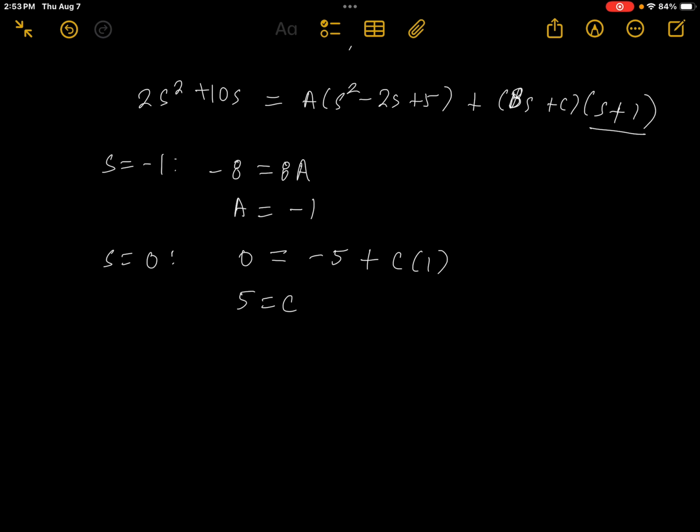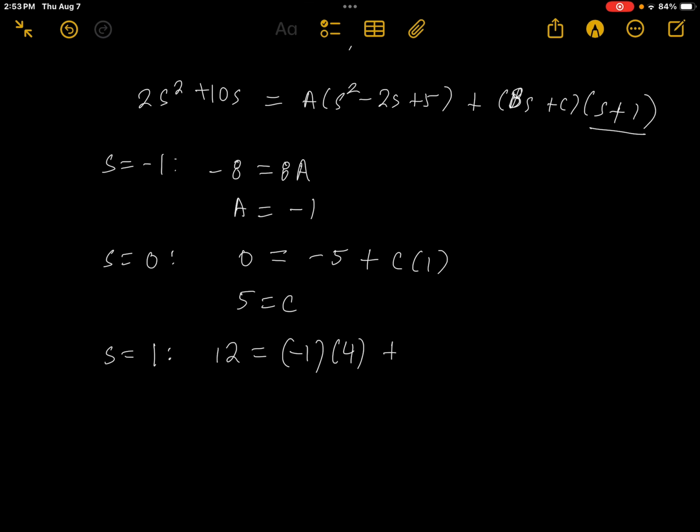And now what are we going to do to figure out b? We're going to plug in another value of s. Let's plug in s equals 1. Right? So you want to plug in values that will make it easy for you to figure out what the numbers are going to be. So if you plug in s equals 1, you get 2 plus 10 is 12 equals negative 1 times 1 minus 2 plus 5. That's 4.